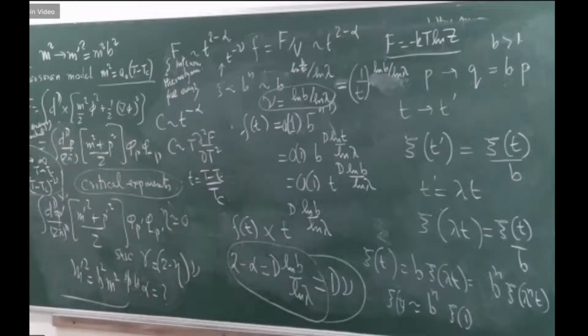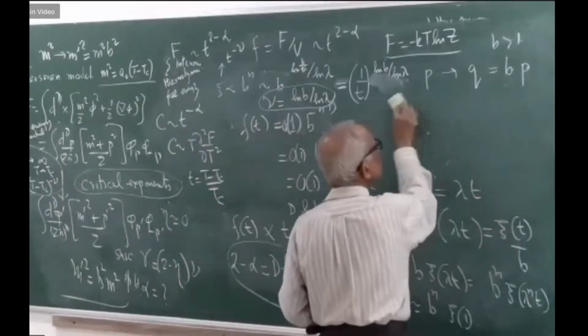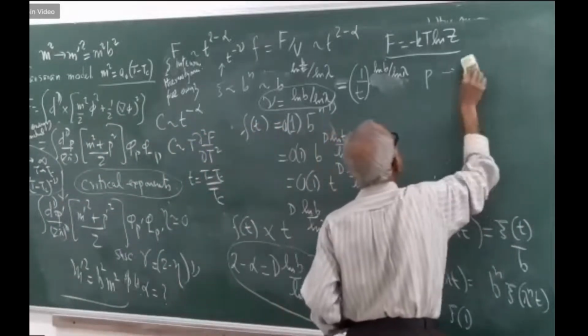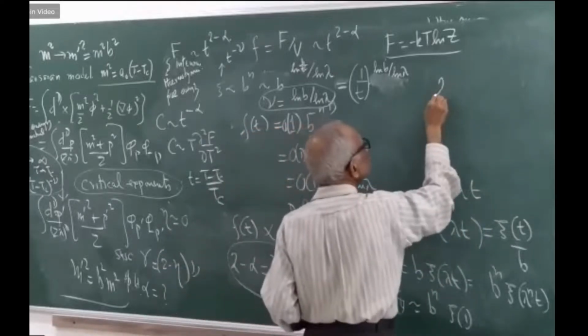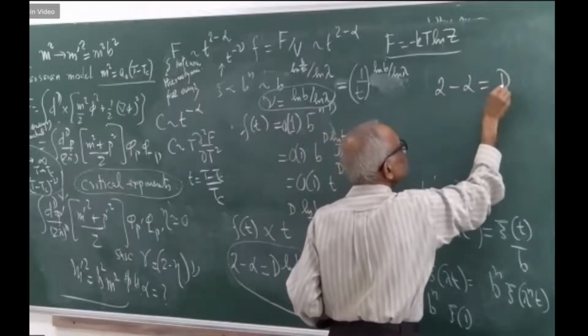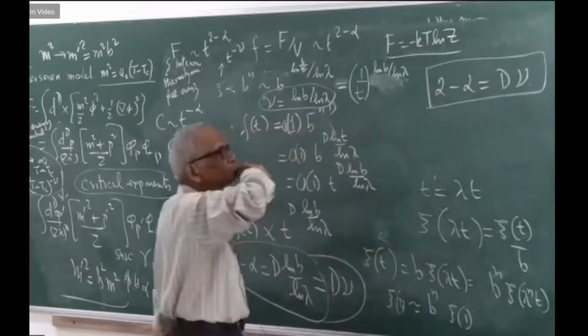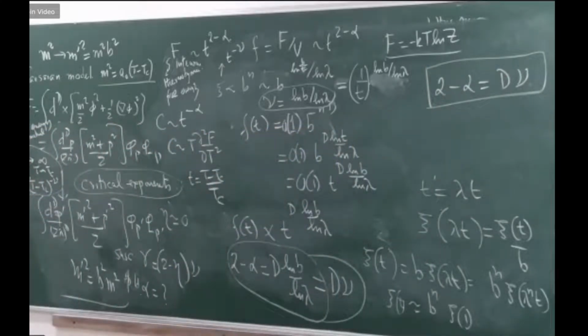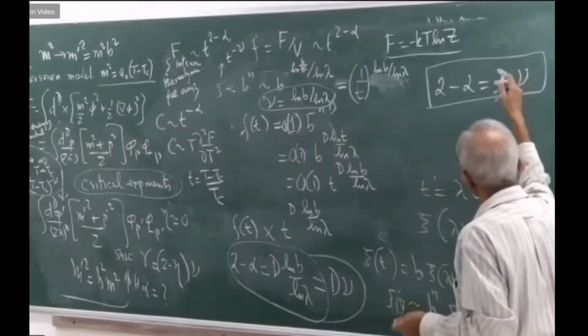So 2 minus alpha is d times nu. All right, so that's done. That's a very important relation which we had not done before.